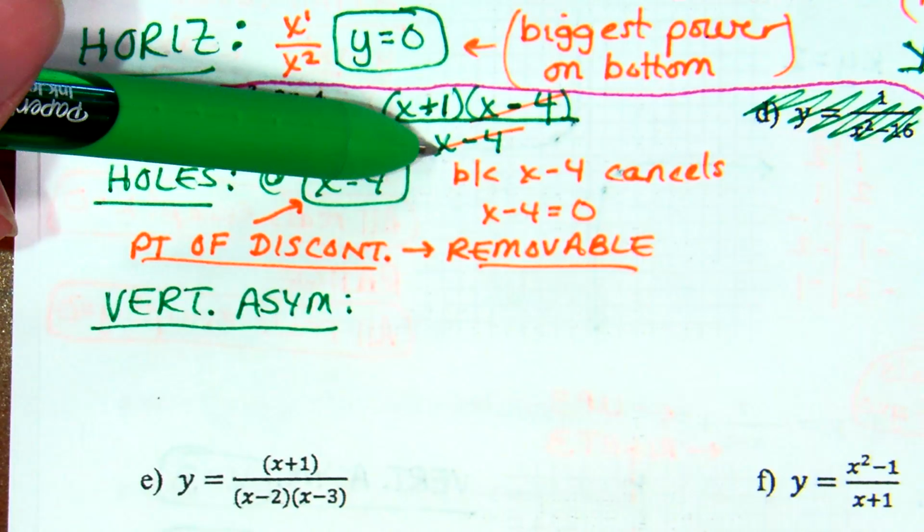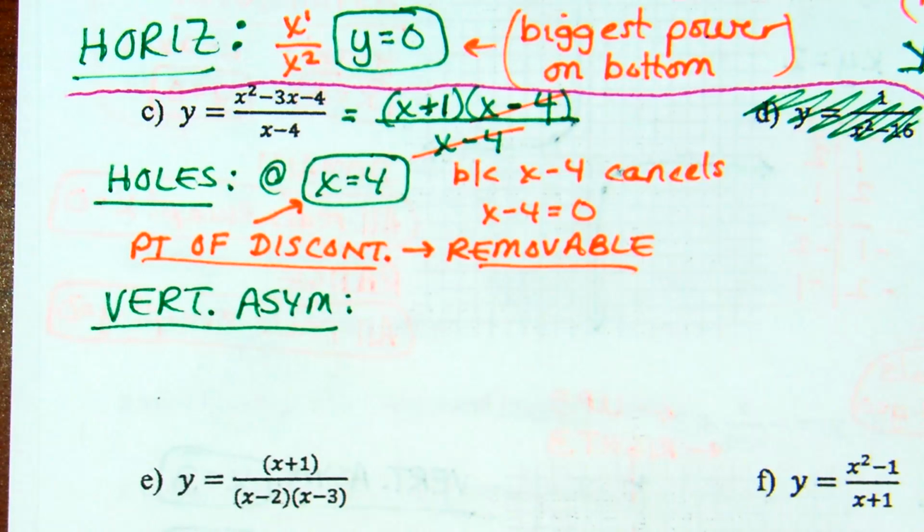Do we have any other factors that could give us vertical asymptotes? No, our only denominator was x minus 4. And since x minus 4 ended up showing a hole, then vertical asymptotes? None. Okay.